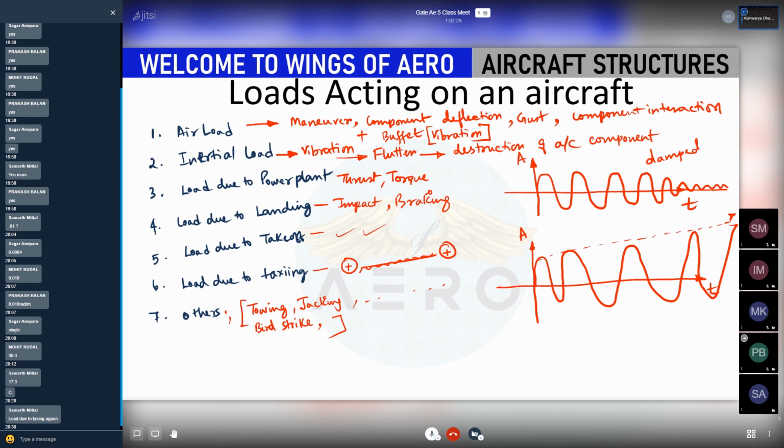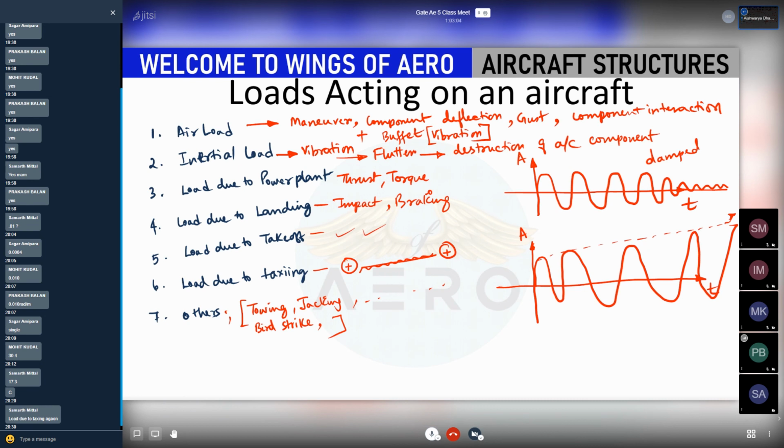Load due to taxiing. Okay, taxiing means from the ATC center, the aircraft is moving to the destination just before takeoff or just after landing. It is coming back to the ATC center, either way. Now what happens during this in-between transition? There may be a taxiing pathway that is not properly aligned, the surface is not even. So what will happen if the roads are very bad? It will get bumped.